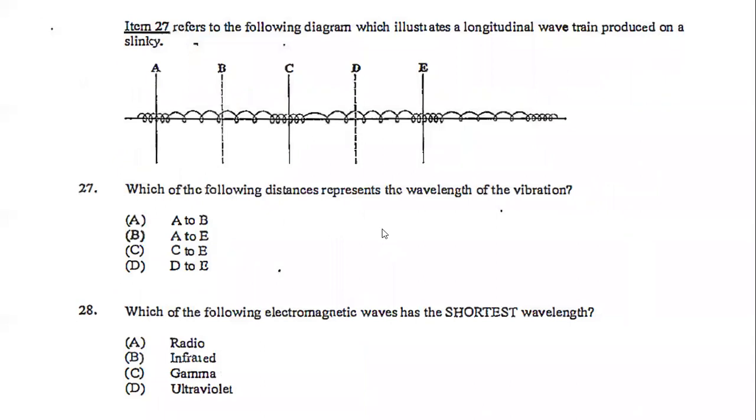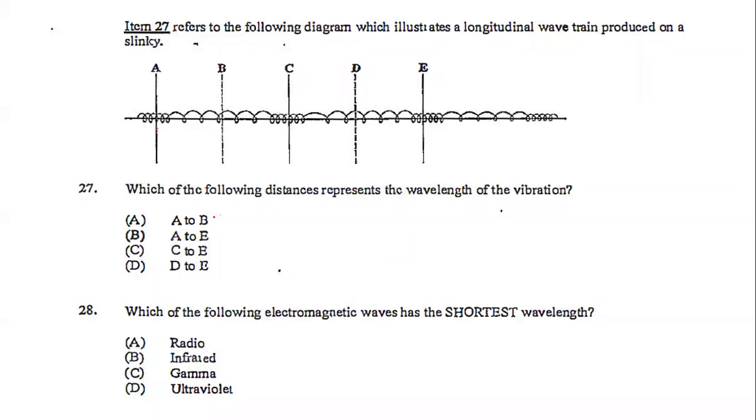27 is showing a longitudinal wave train on a slinky. And it asks us here which option represents the wavelength of the vibration. So let's look at each option. The first one is A to B, so that is from here to here. This is not one wavelength, it's actually half of a wavelength, because we have to look between two compressions or two rarefactions.